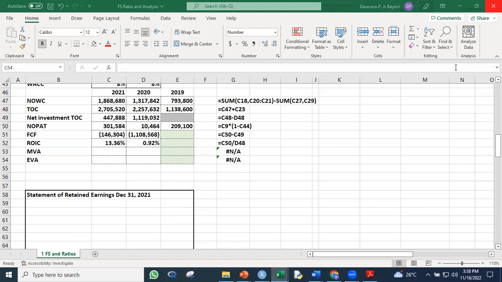Dun sa aspect na nag-increase siya, sabihin natin na nag-increase lang yun, no? As to the question, if the company was able to create value, that can be answered by what? Sherwin? Siguro do sa changes ng NOWC.